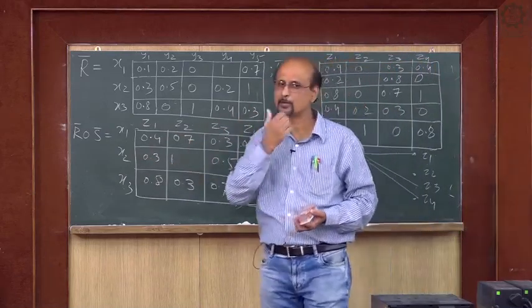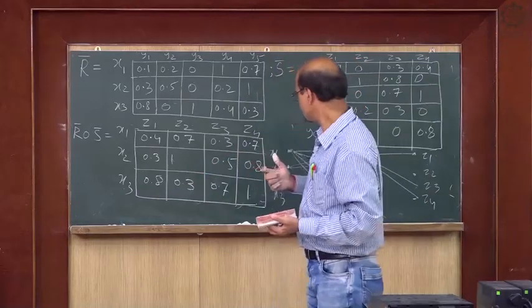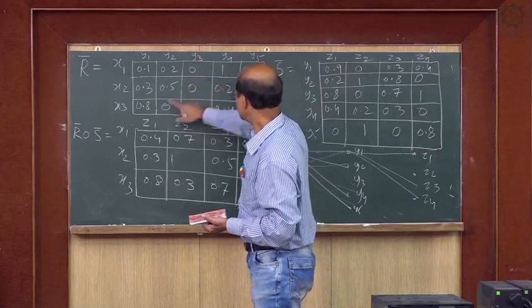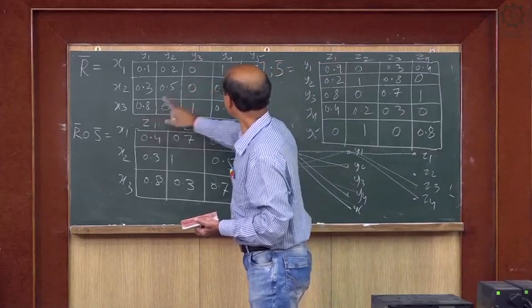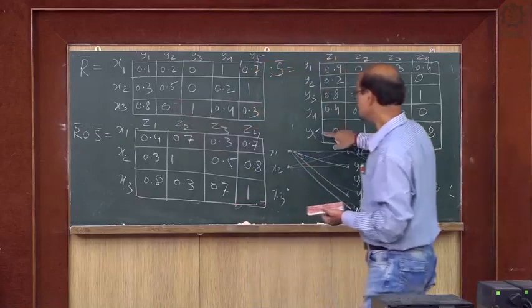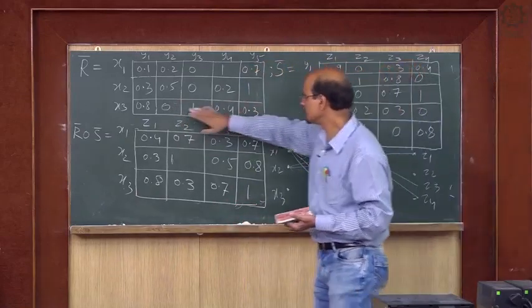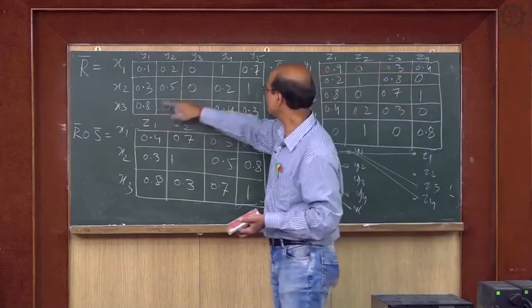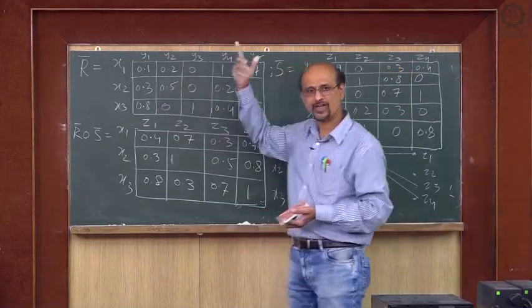So, there is no relation between x3 and y2, how do you get a relation between x3 and z1? Because we do not have x3 and y2, but you may have.